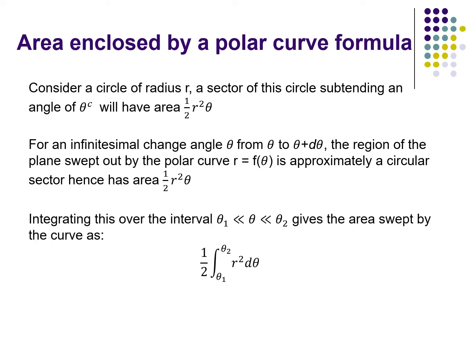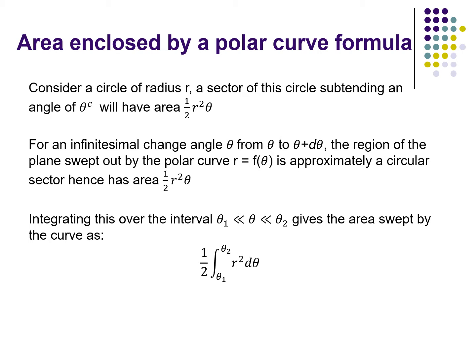So if we then, in a similar way as when we work out what integration is all about, integrate these little tiny sectors over the interval between theta 1 and theta 2, this gives us the formula for the area of a curve defined in polar form.